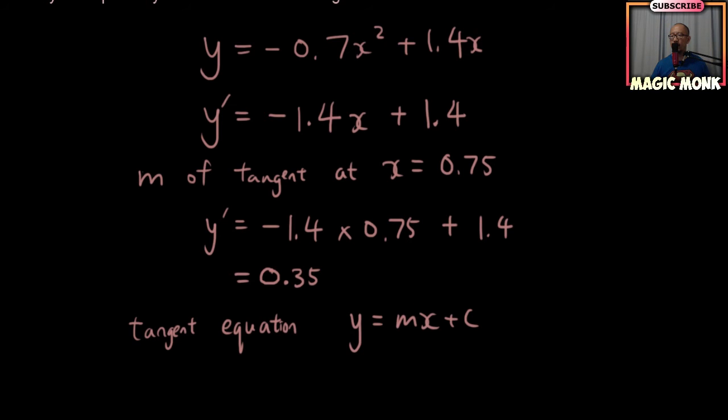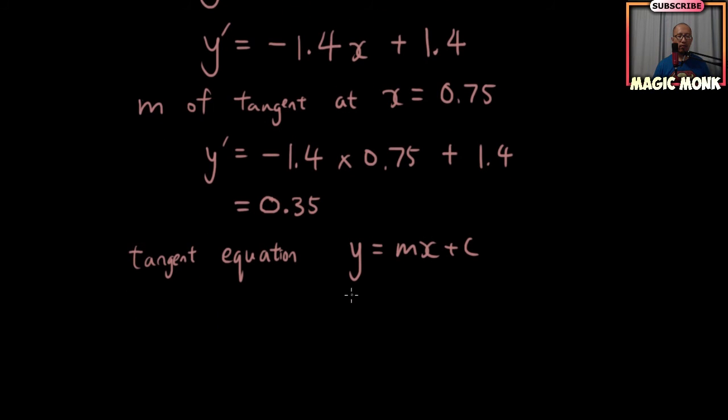That is the equation of a straight line, and we've just found the gradient. So y equals 0.35x plus c. So we just need to find c now for us to get the tangent equation.